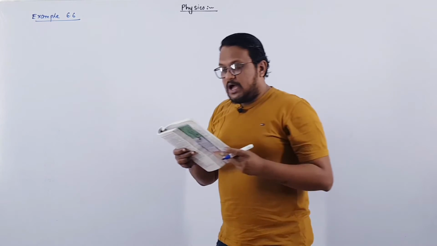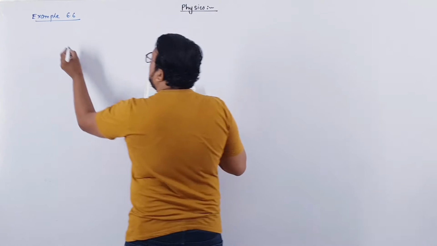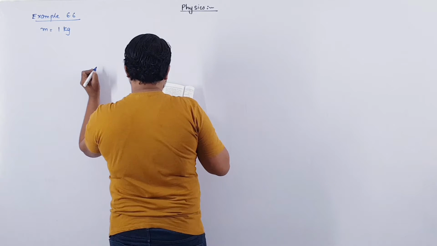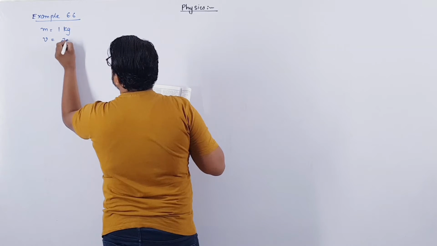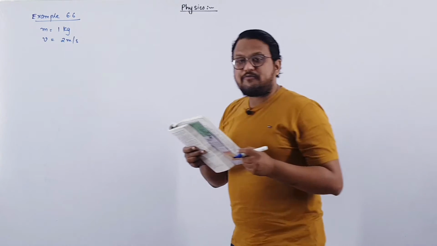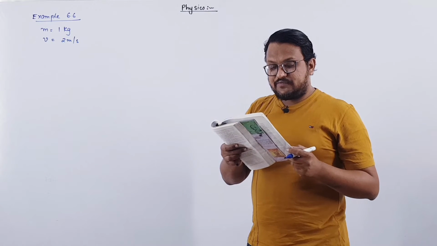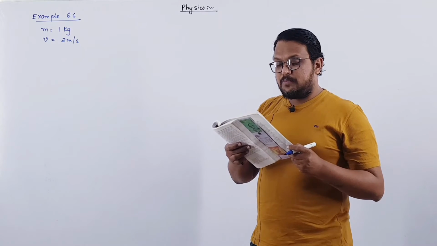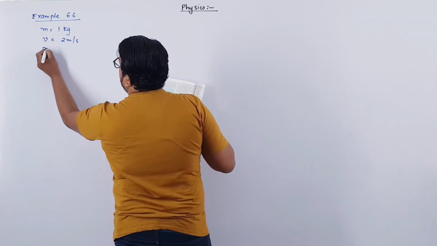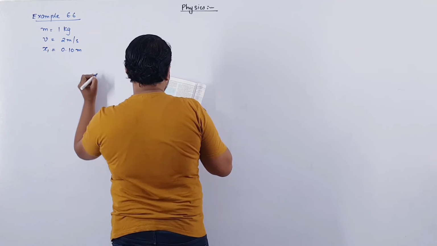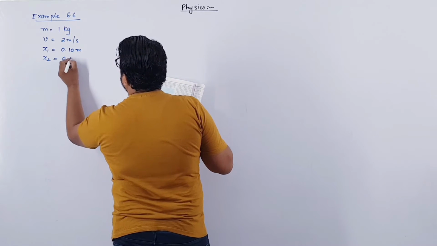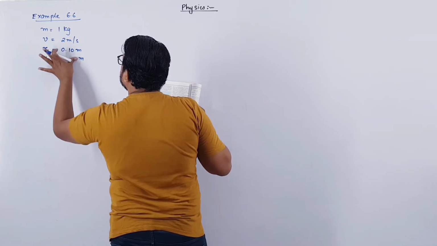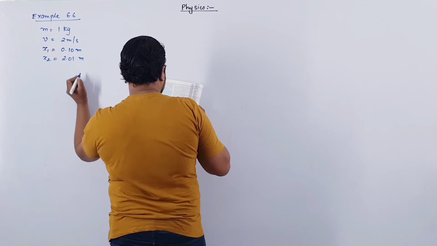Example 6.6. A block of mass 1 kg, moving on a horizontal surface with a speed of 2 meter per second, enters a rough patch ranging from x1 equal to 0.10 meter to x2 equal to 2.01 meter.